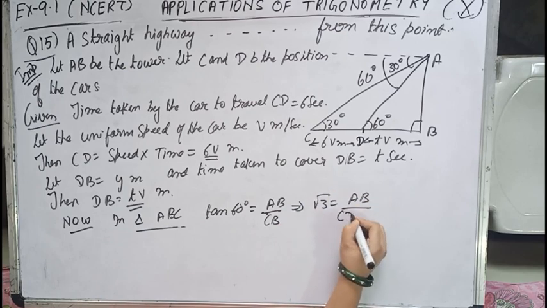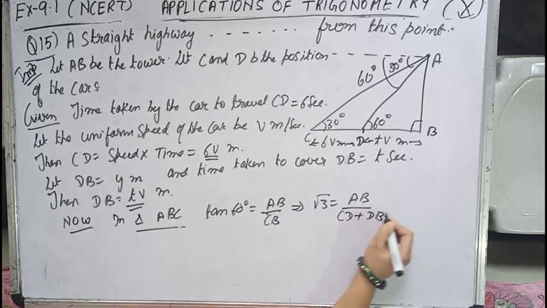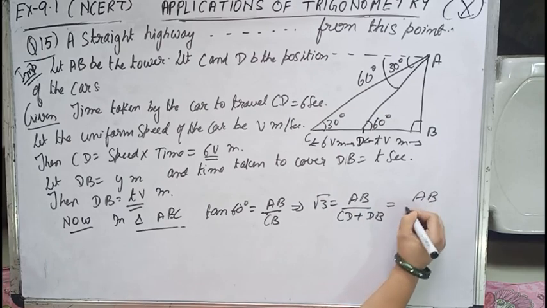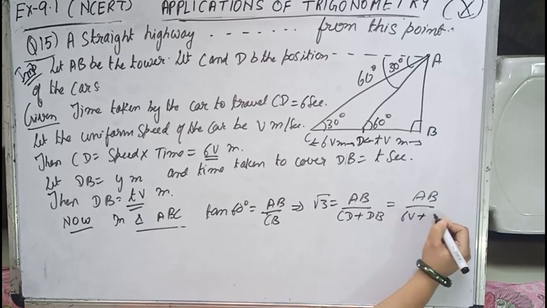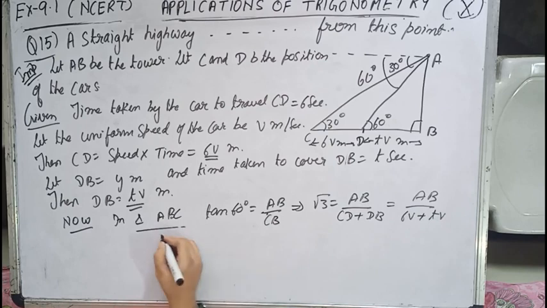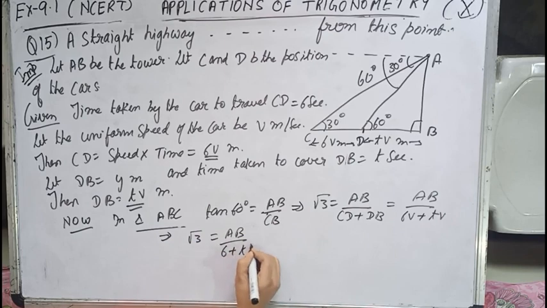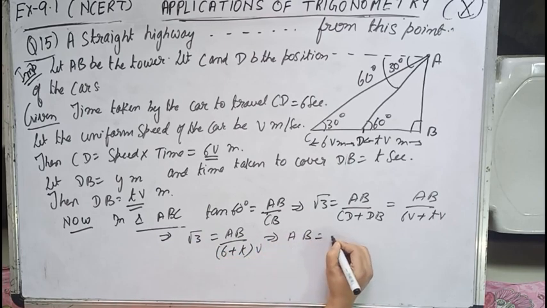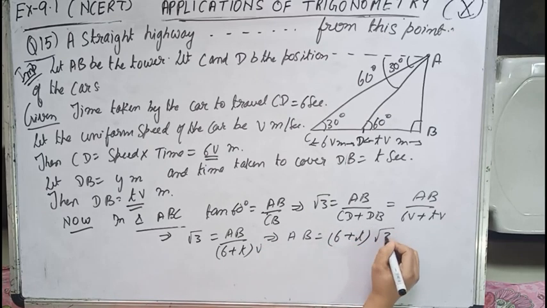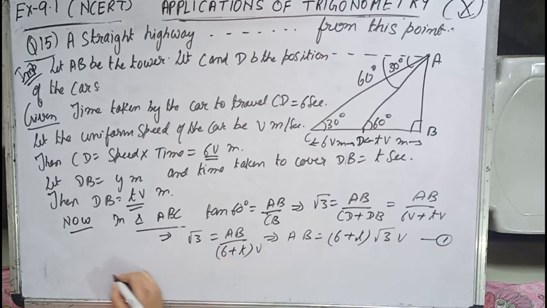CB is CD plus DB. Now CD is 6V and DB is TV. This implies 1 by root 3 equals AB by (6 plus T) into V. This implies AB equals (6 plus T) into V by root 3. Let us make it equation 1.